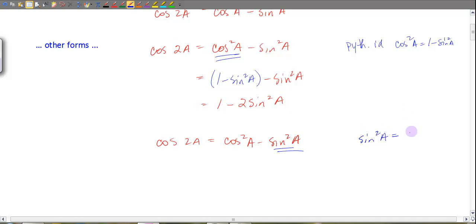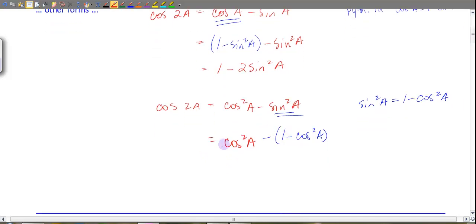That thing comes in handy, let me tell you. 1 minus cosine squared A. But we still had cosine squared A here. Now I'm going to distribute, so I get cosine squared A minus 1 plus cosine squared A, because a negative times a negative is a positive. And when I collect my like terms, I have 2 cosine squared A's minus 1.